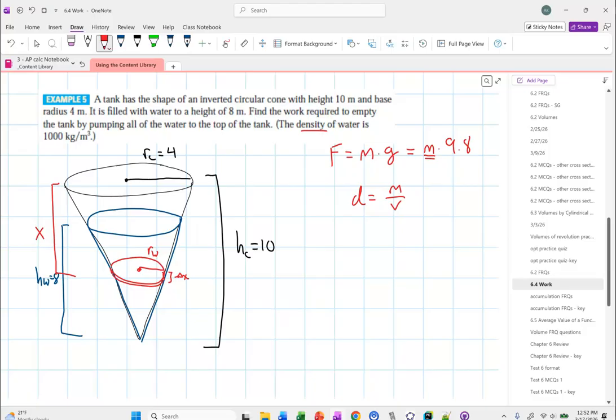Right, that's density. So we want to get an expression for mass out of this. Mass is going to be density times volume. We're told the density is 1,000 kilograms per cubic meter. And the volume of this is going to be the area of the base times the height.